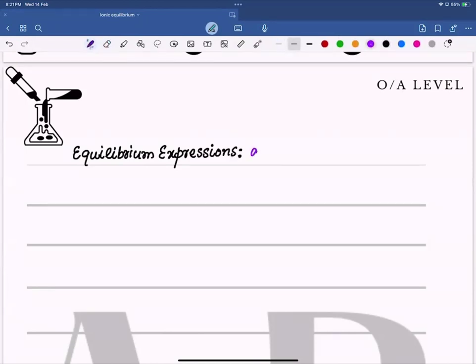These equilibrium expressions are also called equilibrium constant expressions, and these are of two types.